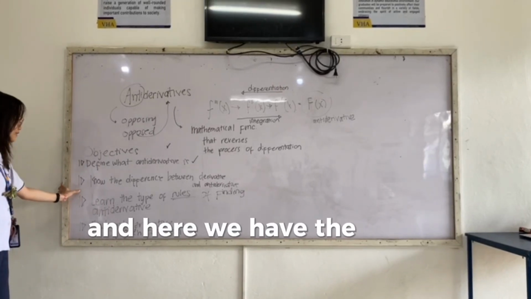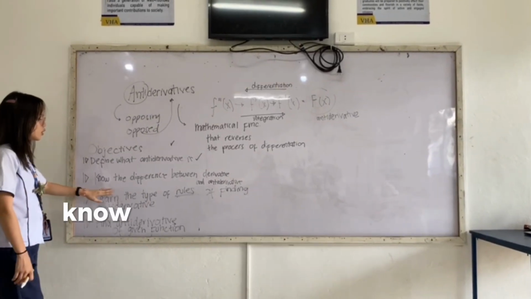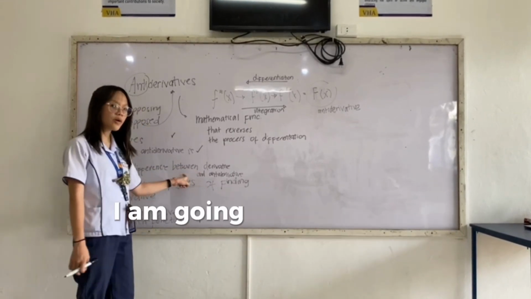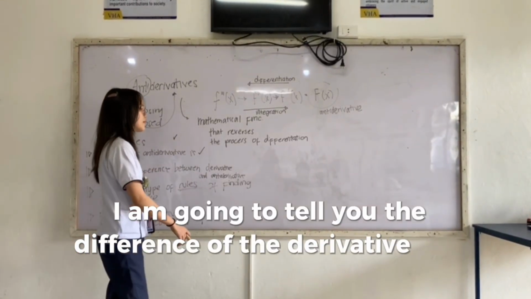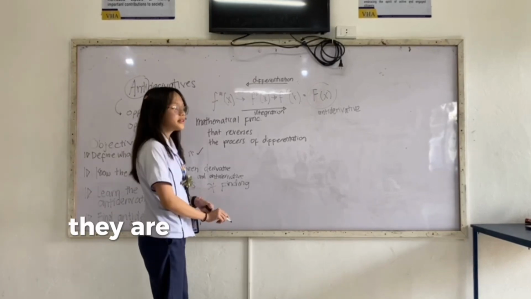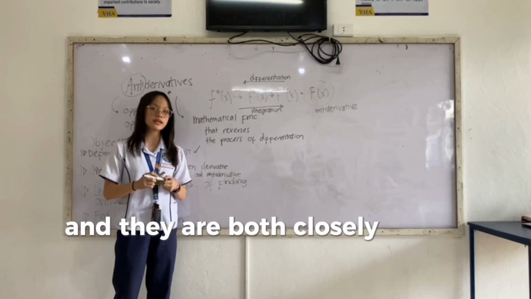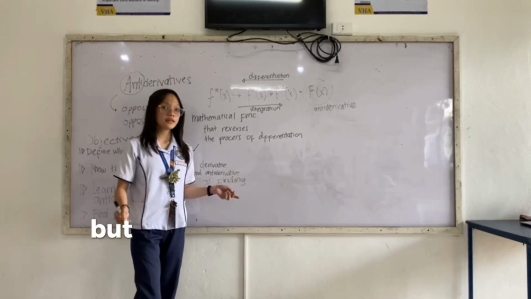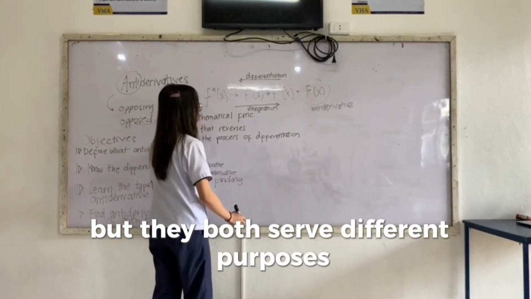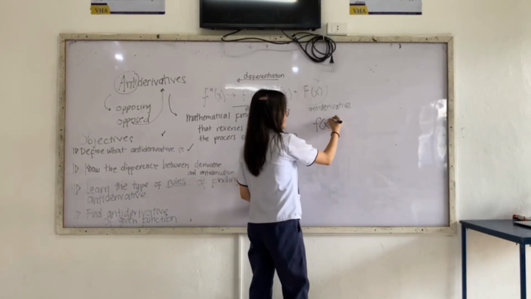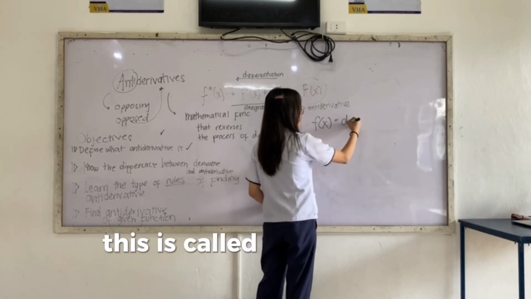The second objective is to know the difference between derivative and antiderivative. They are two important concepts in calculus, and they are both closely related to each other, but they serve different purposes. Here, this small f of x is called the derivative.